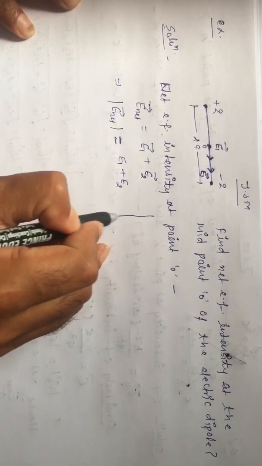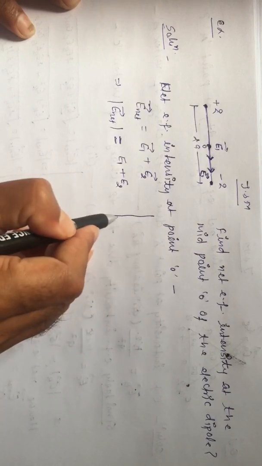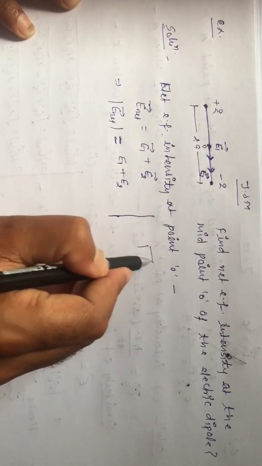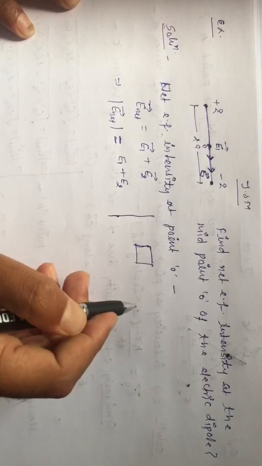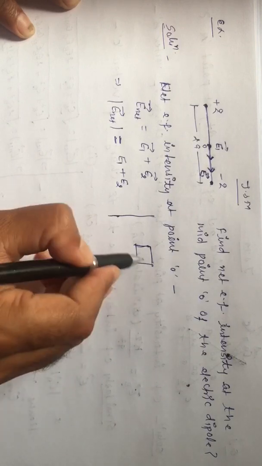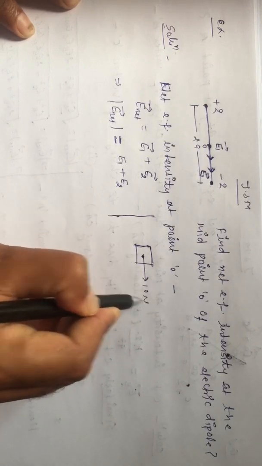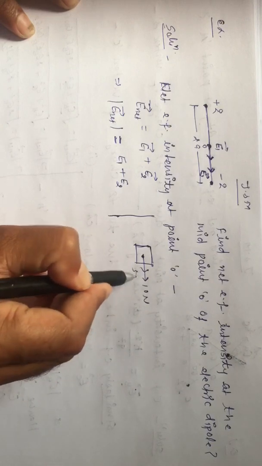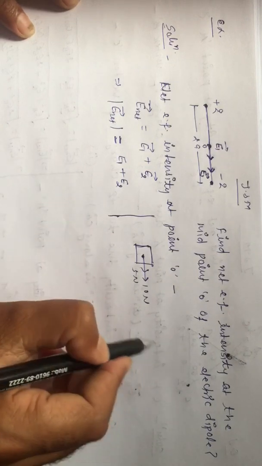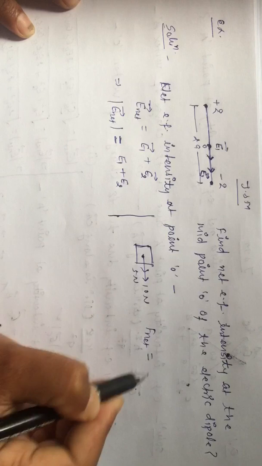Why? Again I will remind you, in junior standard you have discussed this. If a body experiences 10 Newton force in this direction and 5 Newton force in this direction, what is the net force on the body?